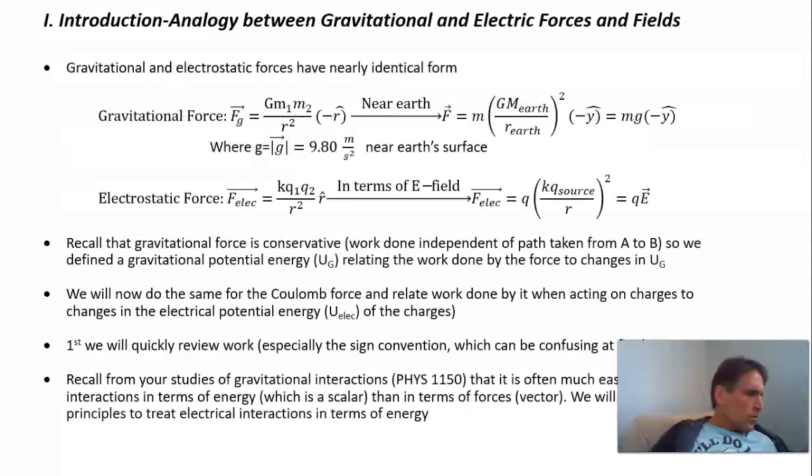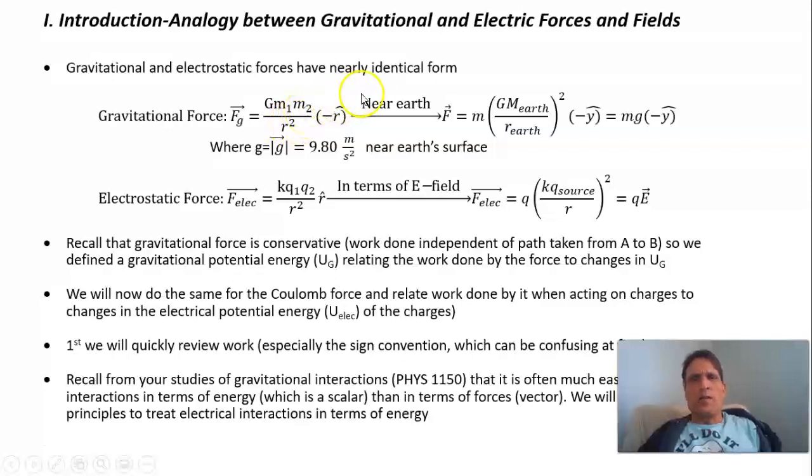So let's quickly review gravitational force. If you recall physics 1150, one of the primary forces that you discussed was the gravitational force, primarily between the Earth and some mass m that's located on or near the Earth, right?